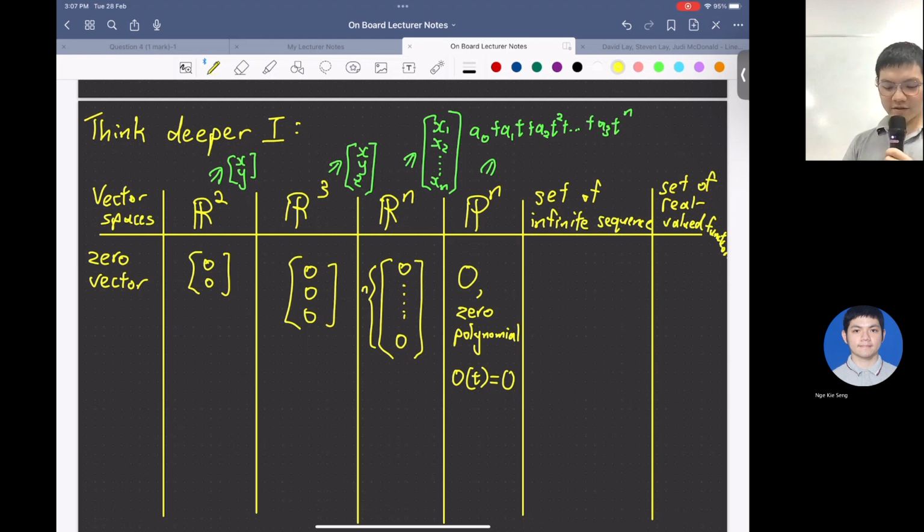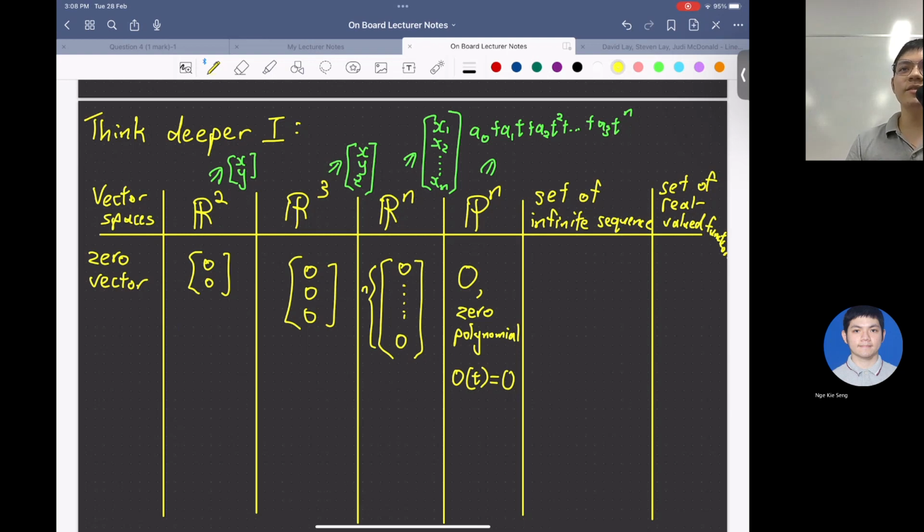So in Pn the 0 vector is the 0 polynomial. How about the set of infinite sequences? What's the 0 vector here? What's the sequence that when you add it to another, you get back yourself? How do you add two infinite sequences? Say again. Negative?